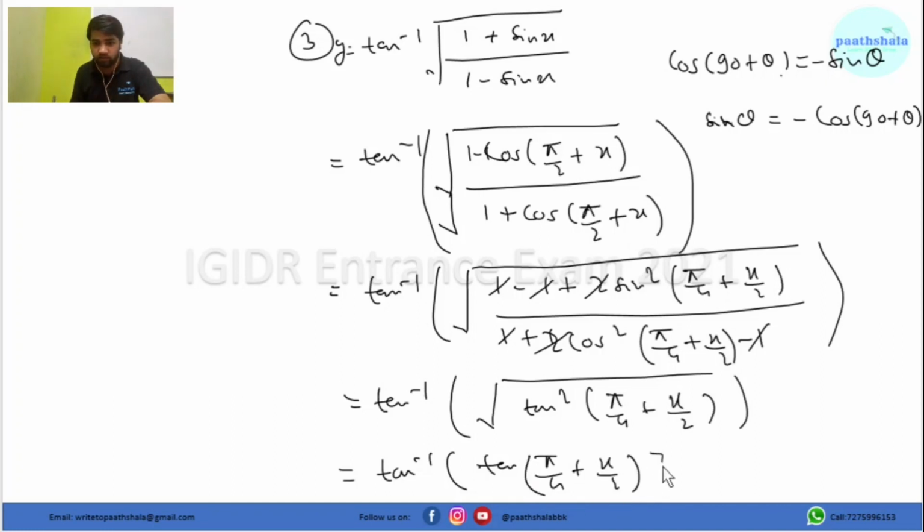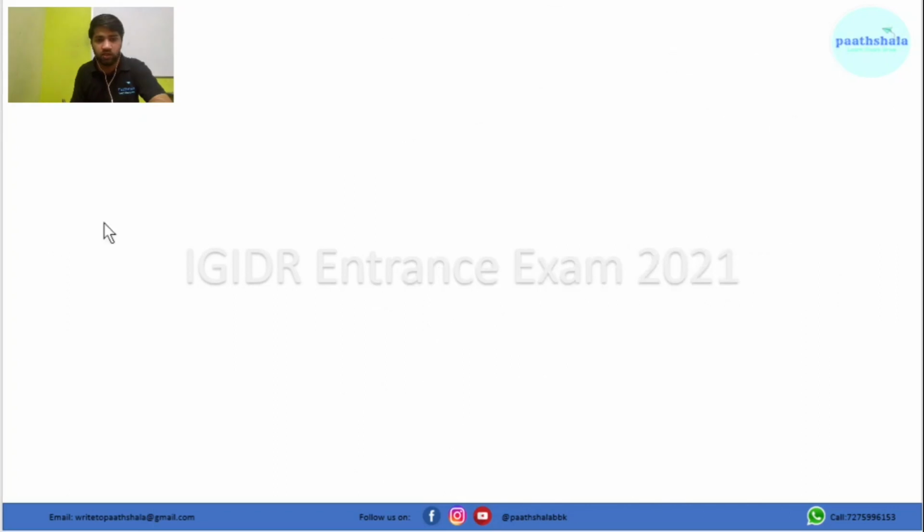Now tan inverse and tan get eliminated, and finally this will come out to be y equals pi by 4 plus x by 2. Now differentiate this, so this differentiation will be 0 and this will be 1 by 2. So the final answer will be half.